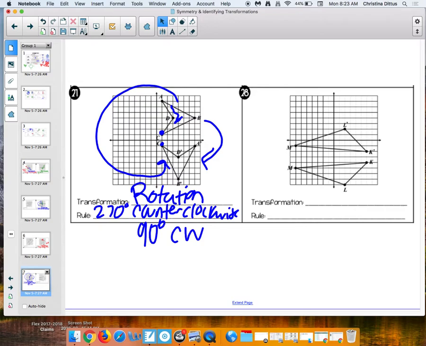And 28, which one did I start with, top or bottom? Bottom. Let's look at K. K starts in the top right, ends in the bottom right. What happened to it? Reflection. Over what? The y-axis?